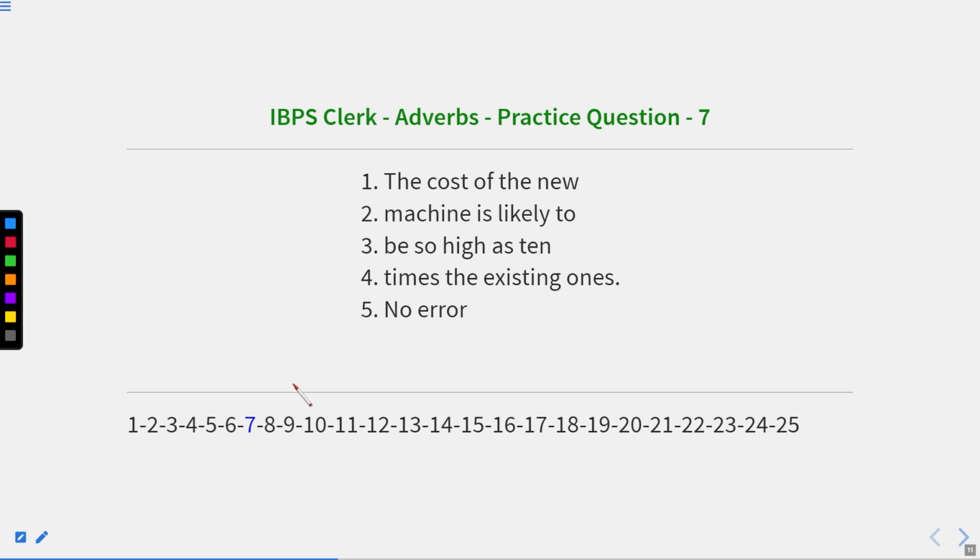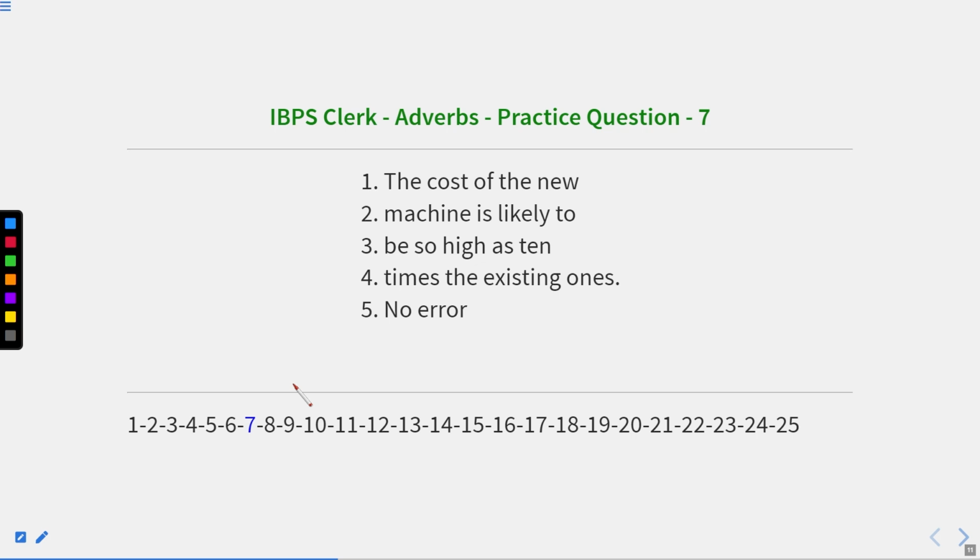For example, I can say he is as intelligent as Ria, but I cannot say he is so intelligent as Ria. That will be incorrect. So the correct word will be he is as intelligent as Ria. But if I want to use the word so, then the sentence will be negative. That is, he is not so intelligent as Ria. So so can be used in negative sense only, whereas as can be used in positive as well as negative sense.